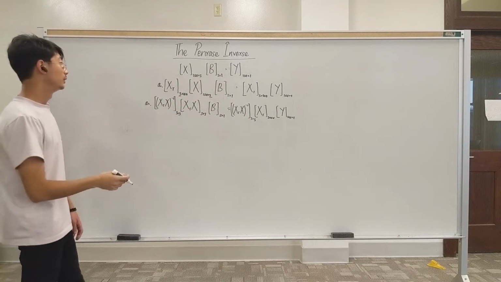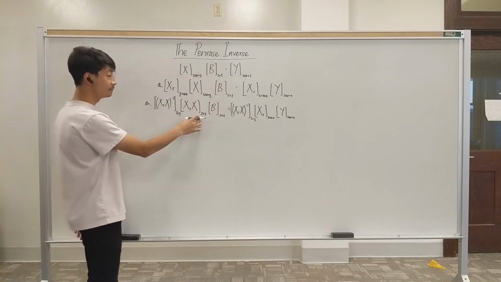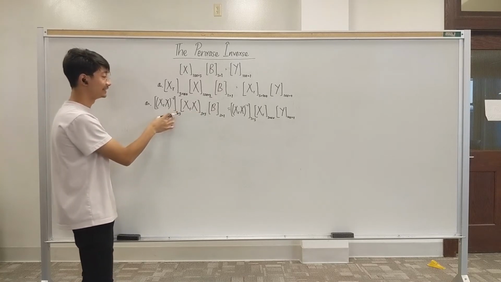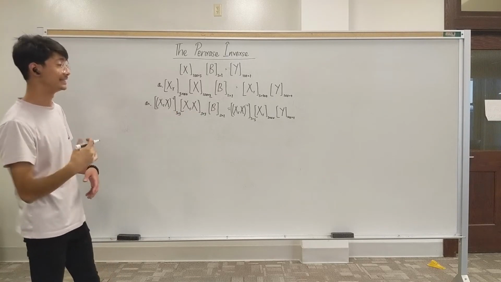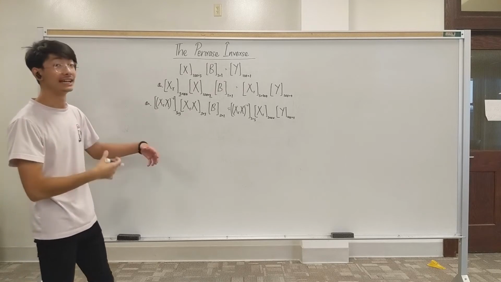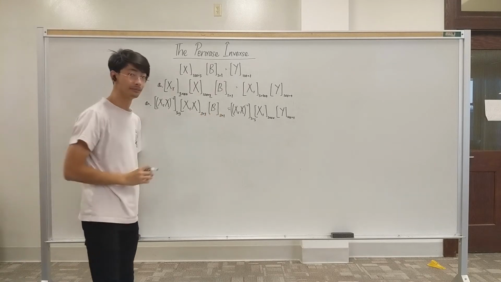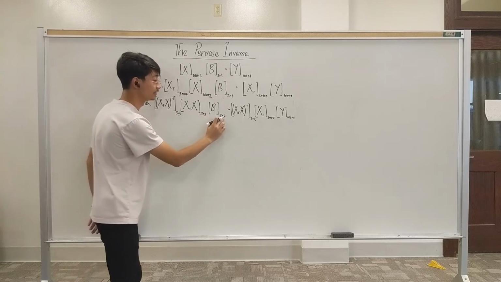Now, we know that any matrix multiplied by its inverse is equal to the identity matrix. And the identity matrix multiplied by another matrix is always equal to the other matrix.